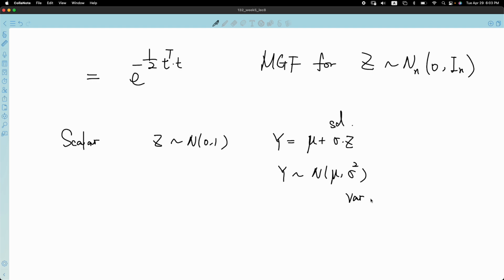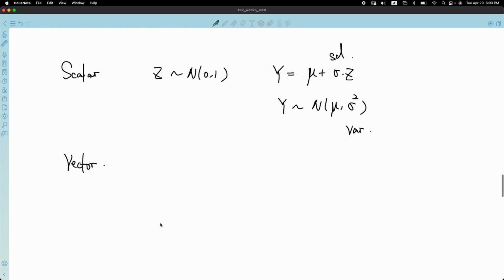Okay, similarly, we can do it in the matrix vector version. Again, you have z following a normal n dimension 0 identity. So now the transformation: y is the mean vector mu plus your covariance matrix raised to the power of 1 over 2, that is the matrix raised to the power of 1 over 2, multiplied by z.